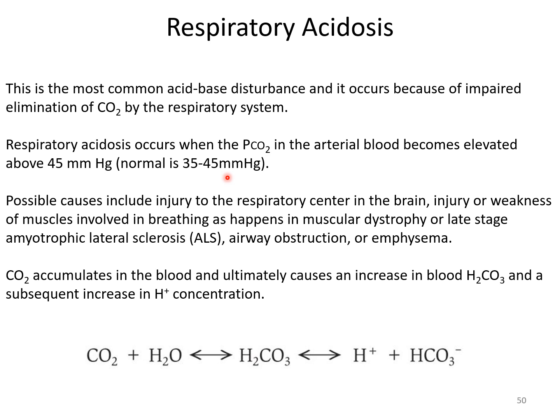Possible causes are injury to the respiratory center in the brain, if you're just not getting those nervous signals to breathe at the appropriate rate or depth. Injury or weakness to the muscles involved in breathing, which happens in muscular dystrophy or late stage ALS, because the diaphragm is skeletal muscle.